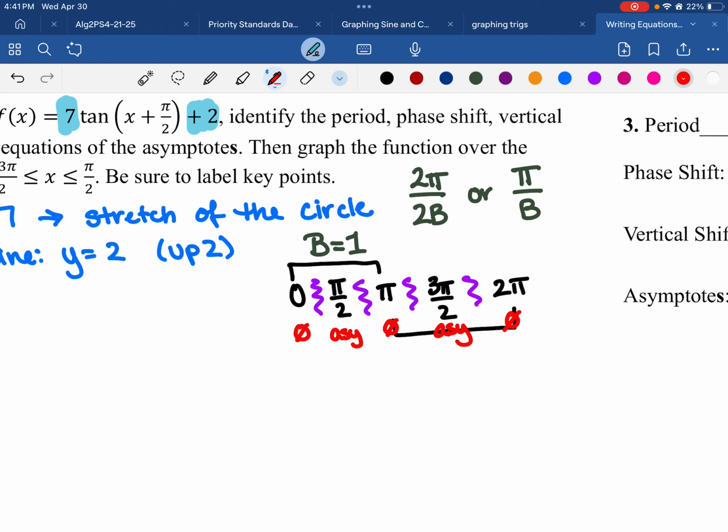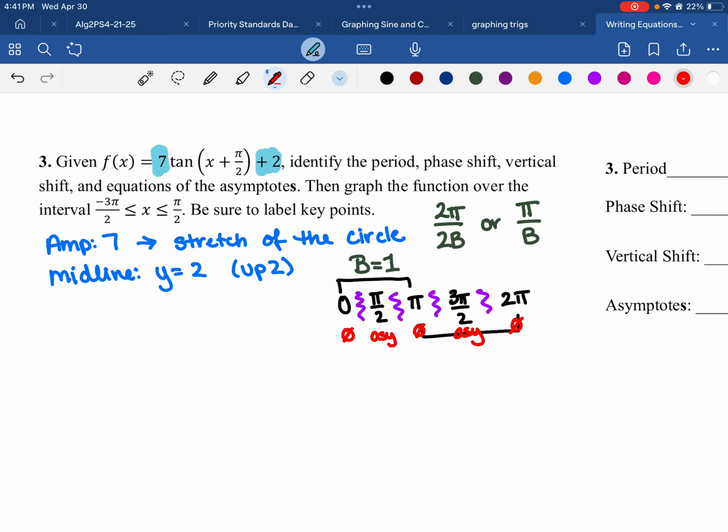So when I graph, those are the points I'm going to focus on first, and then I will worry about dividing and getting the values of the actual tangents to be something other than the value of 0 or an asymptote. And the last thing I have here is I have to travel left to go pi over 2.